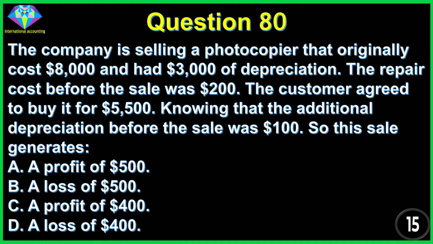The company is selling a photocopier that originally cost $8,000 and had $3,000 of depreciation. The repair cost before the sale was $200. The customer agreed to buy it for $5,500. Knowing that the additional depreciation before the sale was $100, this sale generates A. A profit of $500.